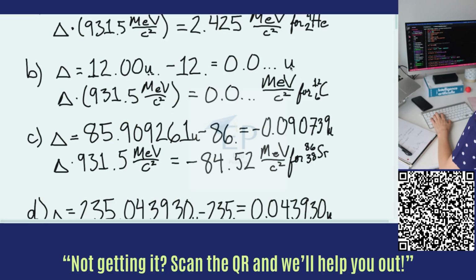Again, it's the reference point for atomic mass units. We multiply the mass excess in atomic mass units by our conversion factor. We end up again with 0.000 mega electron volts per square of speed of light for carbon 12.